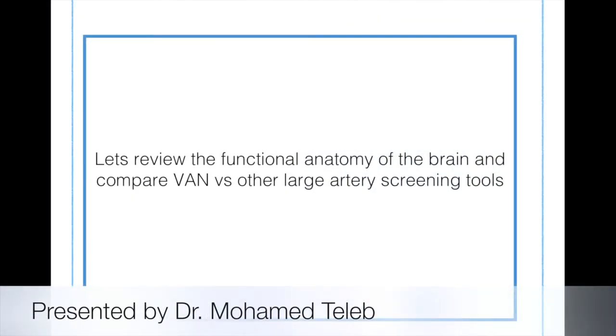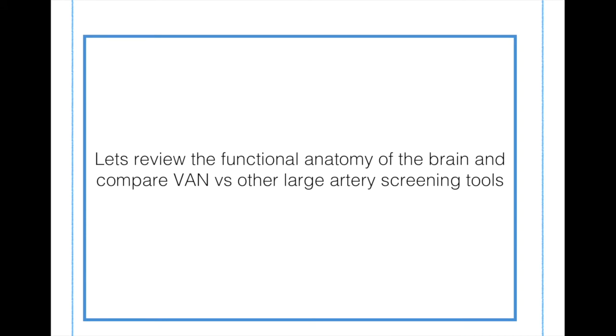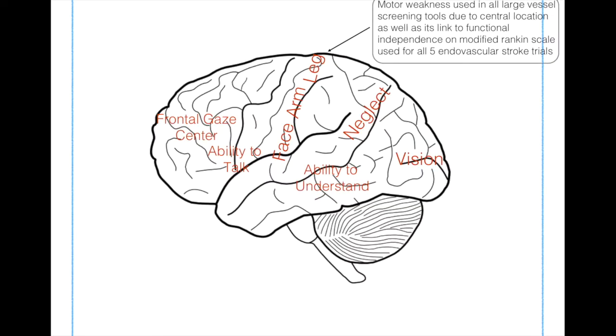Now let's review the functional anatomy of the brain and compare VAN versus other large artery screening tools, right? Because now I've given you the basics of the difference between large artery and small vessel stroke. So now we know motor weakness is used in almost all of the large vessel screening tools due to its central location, as well as its link to functional independence on the modified Rankin scale.